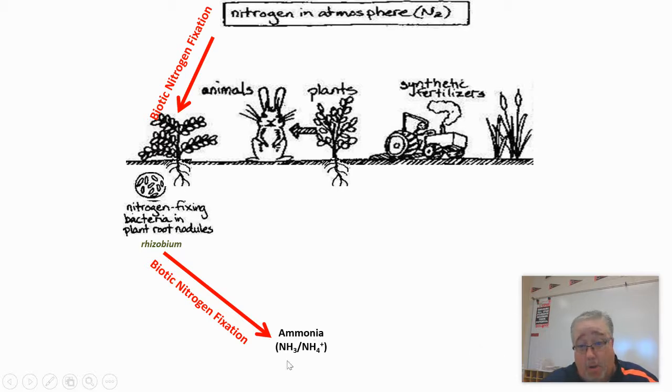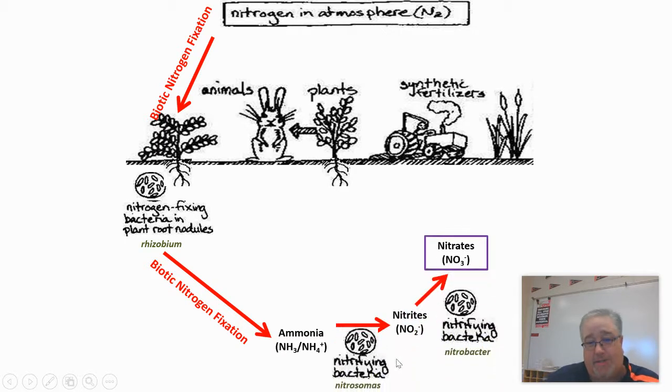Now, this ammonia still isn't really usable by living things. It's not like this stuff can now be sucked up by plants and animals and used. So there's a few more steps that are involved. You'll notice here that there's a couple other types of bacteria that live in the soil. Now they do have names. I wouldn't worry about the names, okay?